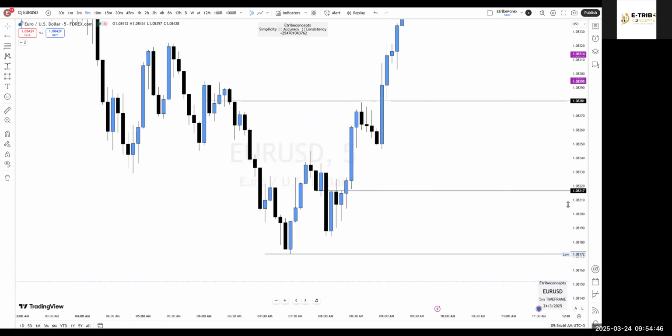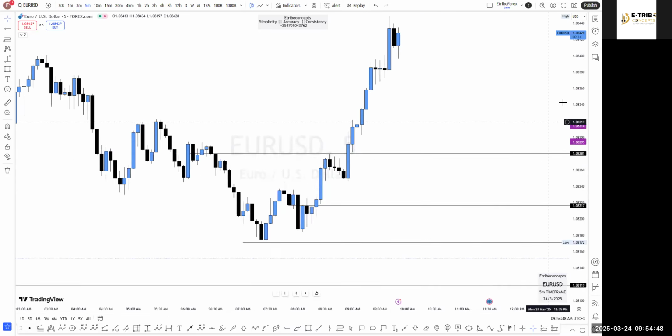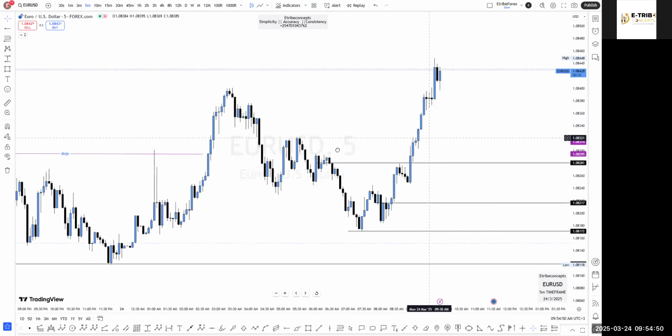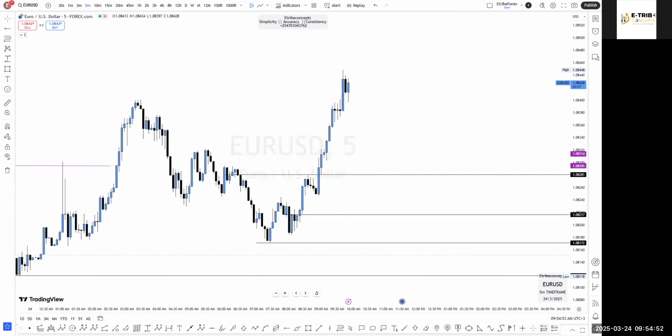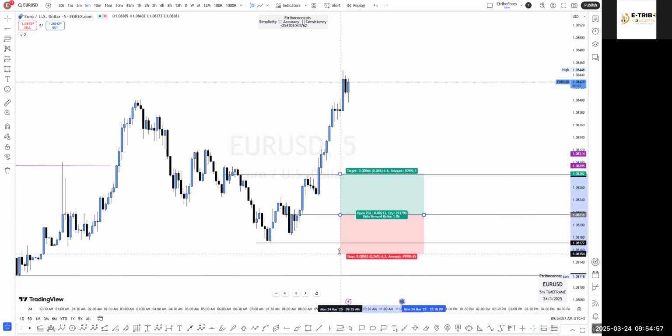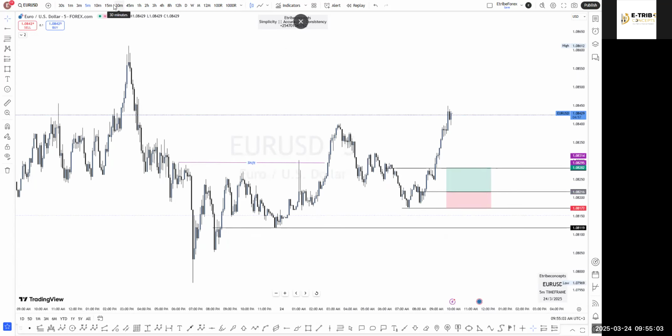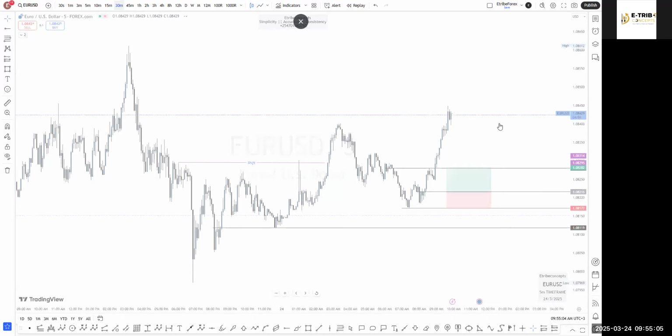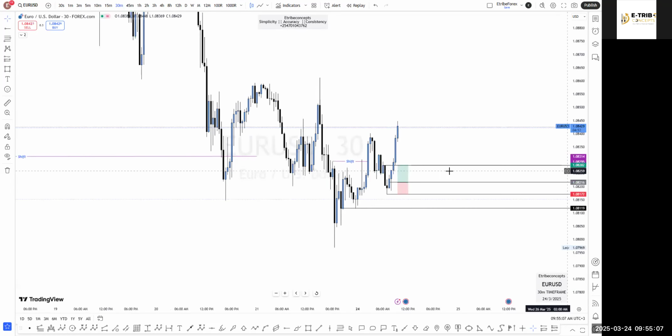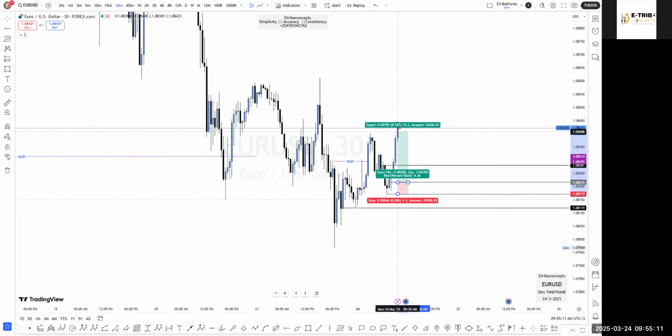We can have an idea of buying at this particular point when the market comes all the way down here. You can put your stop loss at 20 pips, 15 pips, depends. Then when you buy from there, you're going to target the nearest high that has been created.